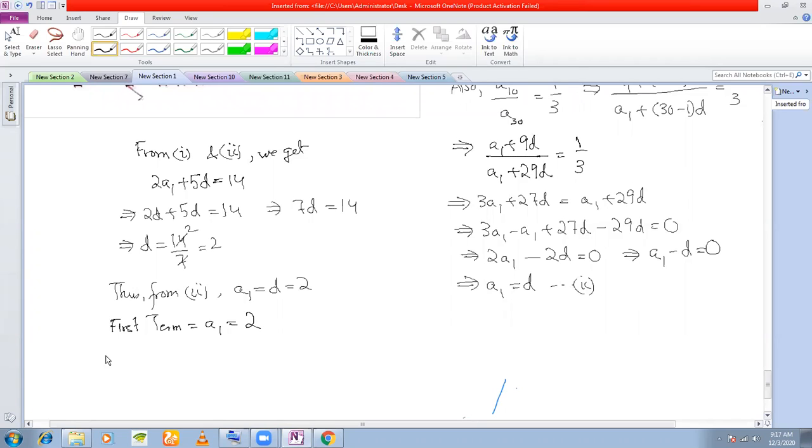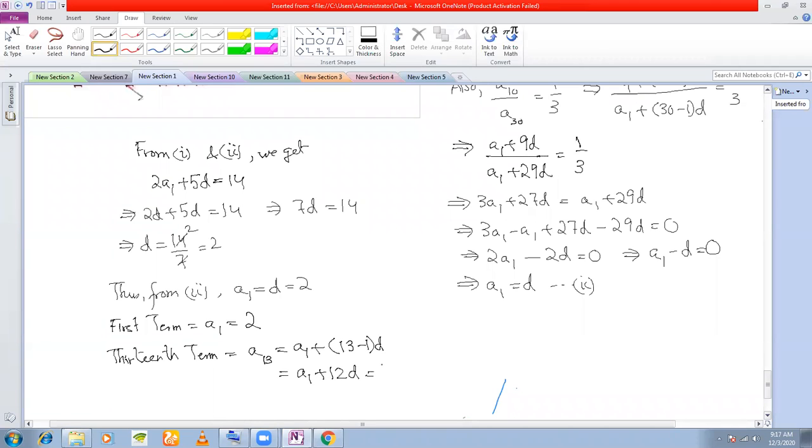And what about the 13th term? They have asked you about the 13th term. 13th term is equal to A13 is equal to A1 plus 13 minus 1 into D, which is equal to A1 plus 12D.